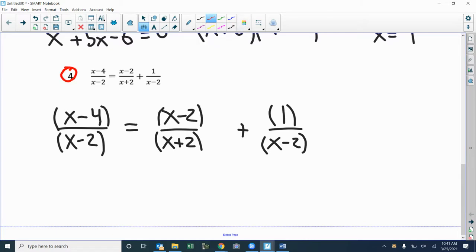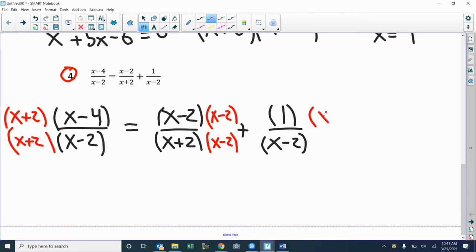So our denominator needs to be (x plus 2)(x minus 2). Over here, we're missing x plus 2. Over here, we're missing x minus 2. And finally here, we're missing x plus 2. Everybody okay digesting? There's a lot there.